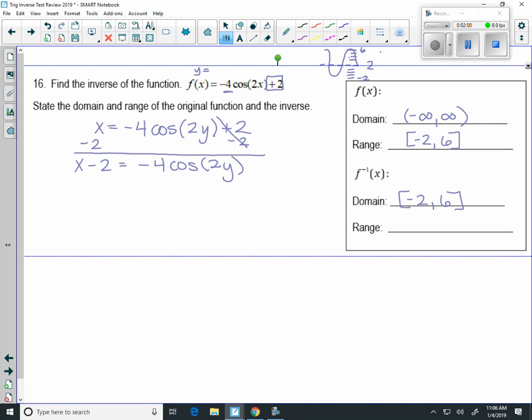And then I'm going to divide by that negative 4 on both sides. I like to not have a negative in my denominator, so I'm going to distribute it through the top. You don't have to do that if you don't want to. It's equivalent to leave that negative in the bottom.